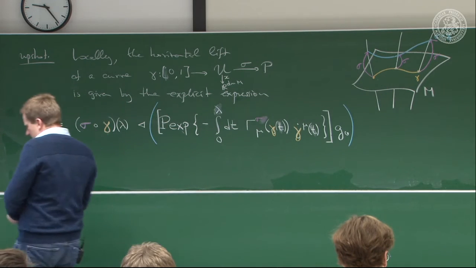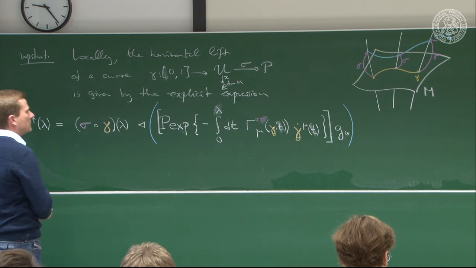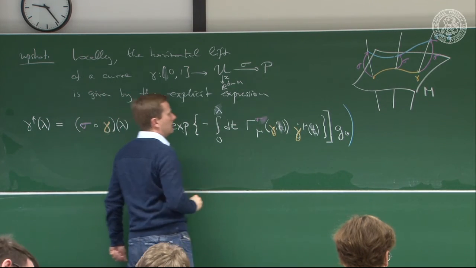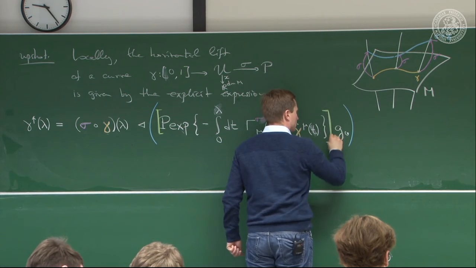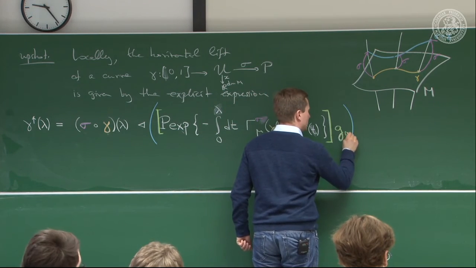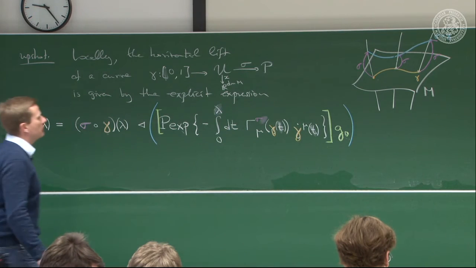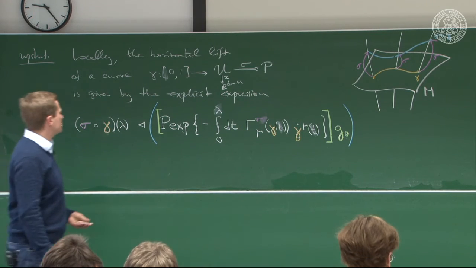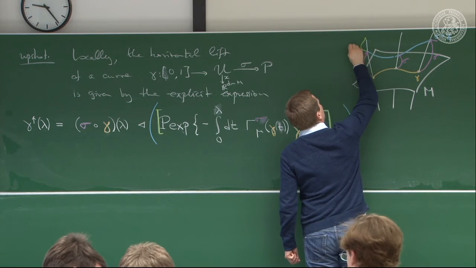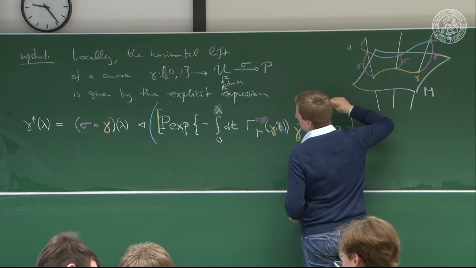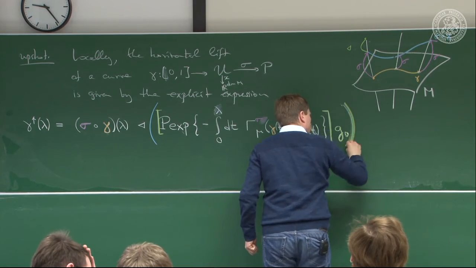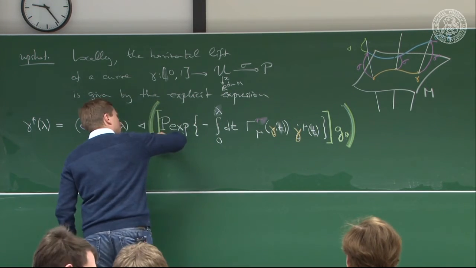Okay, and then I use this path-ordered exponential here, always acting on the same G0 anyway, that depends on the point lambda, and that is what brings me by action of this entire, well, I should rather make everything here green, okay?